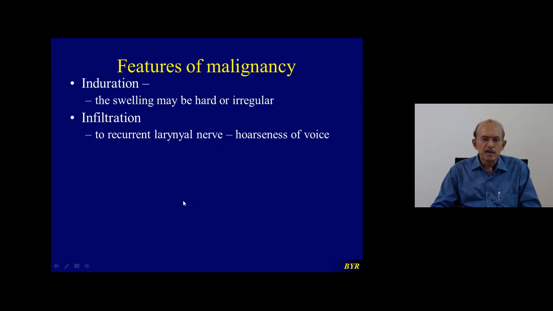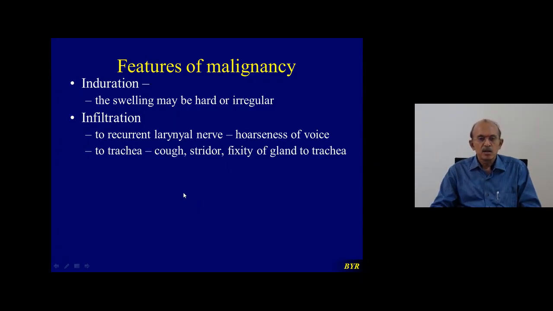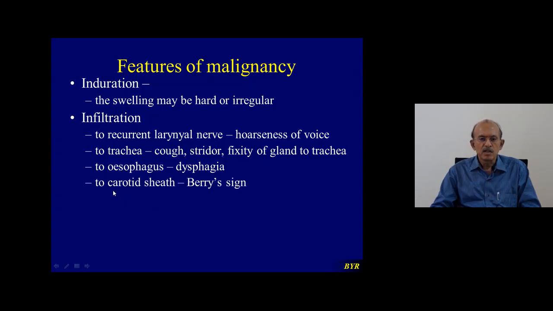So infiltration to the recurrent laryngeal nerve produces hoarseness of voice. Infiltration to the trachea produces cough, stridor, and fixity of the gland to the trachea. Infiltration to the esophagus produces dysphagia. Infiltration to the carotid sheath produces Berry's sign.